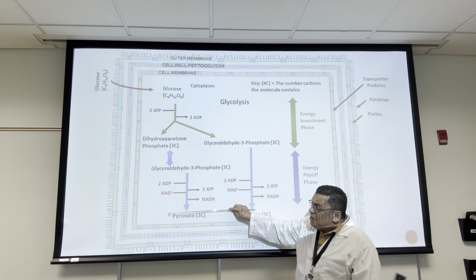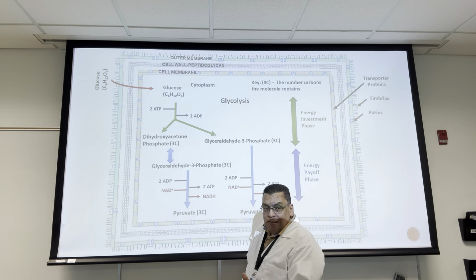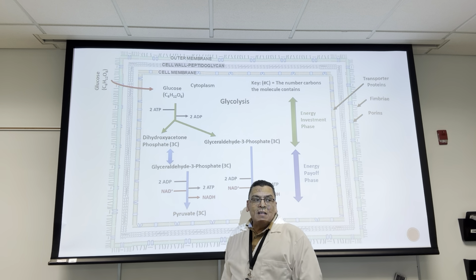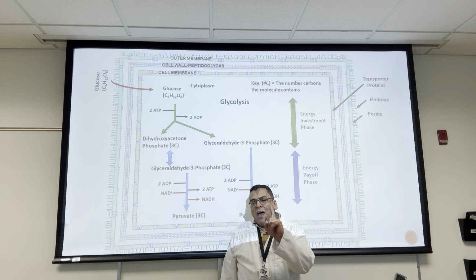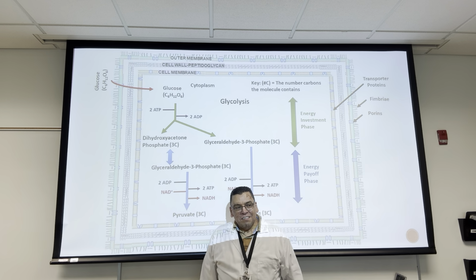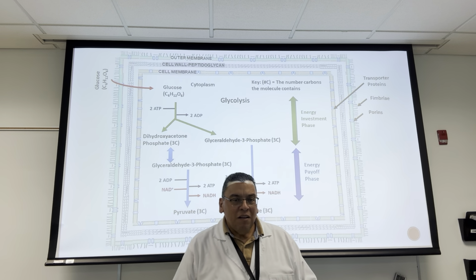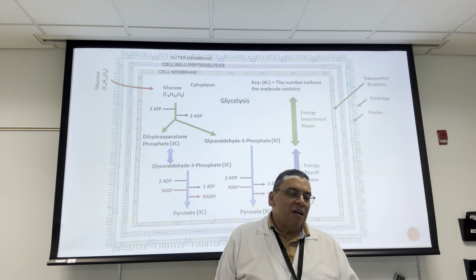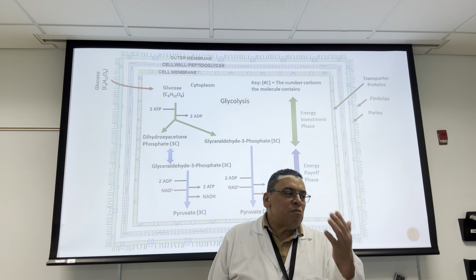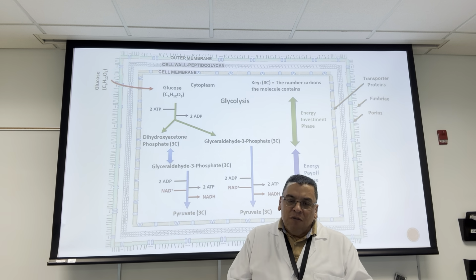The rest of cellular respiration is the fire. Without the spark, you will not have the fire. Hopefully you understand the analogy. The investment, the first 2 ATPs that you invest, is required, it's mandatory for you to start the fire.